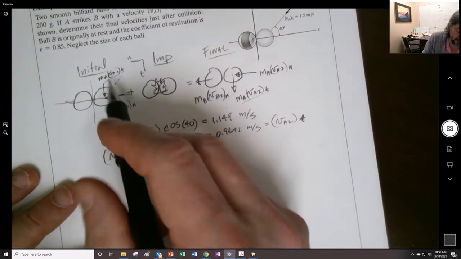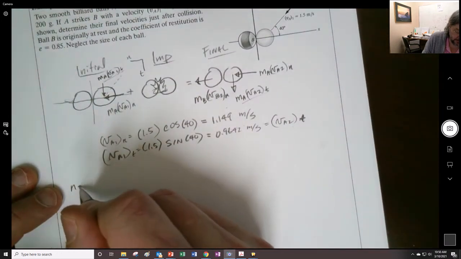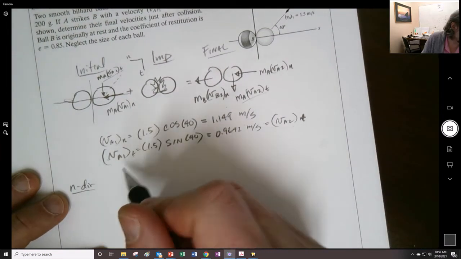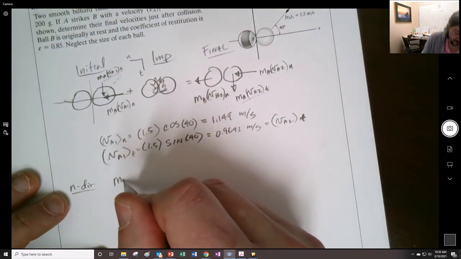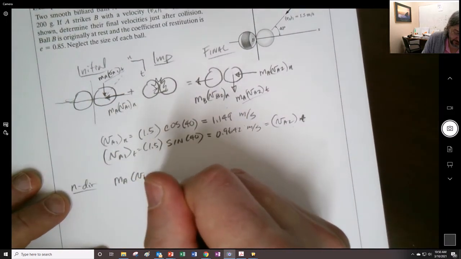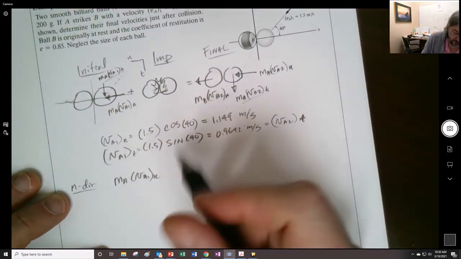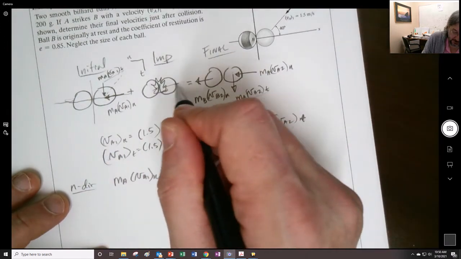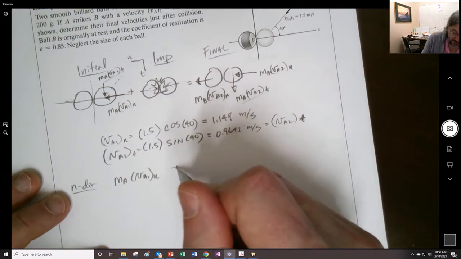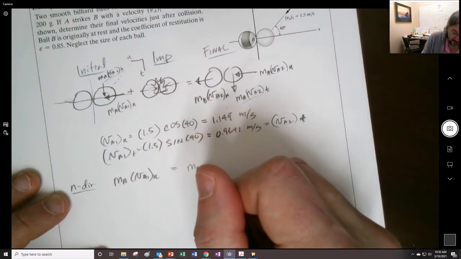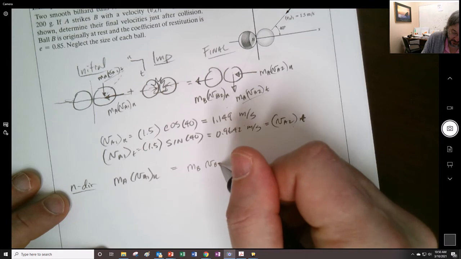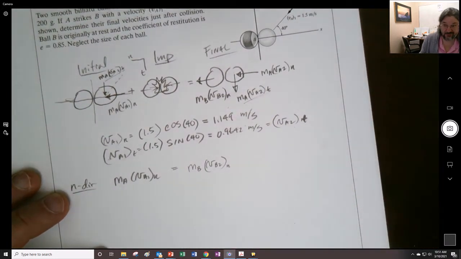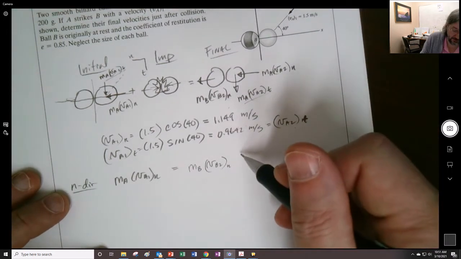Okay, so now in the n direction, right there, nothing else happens over here. These are equal and opposites, so they cancel out. So it's going to be equal to MB times VB2N. We can even just drop writing that, just say VB2 if we wanted to.